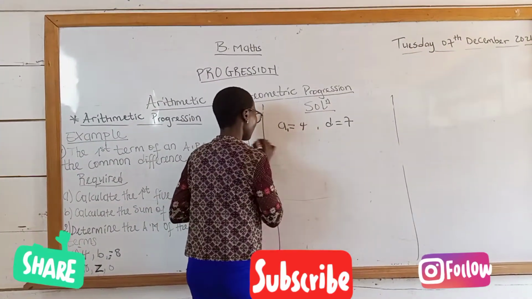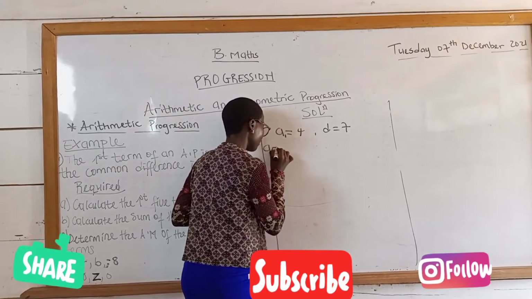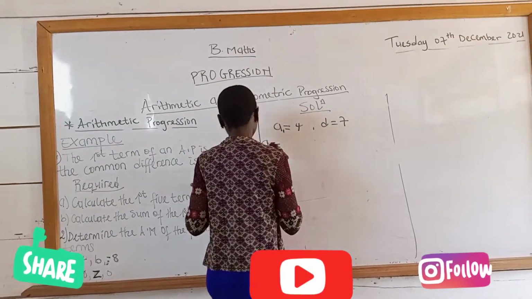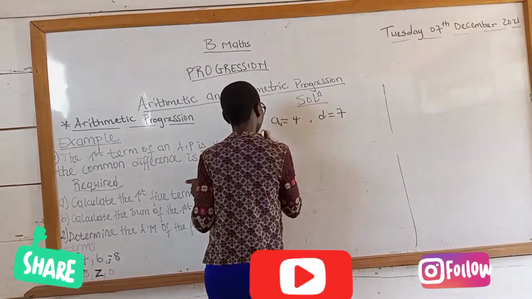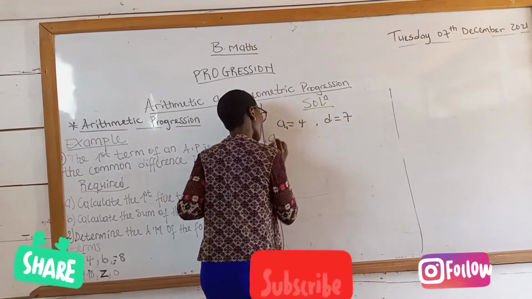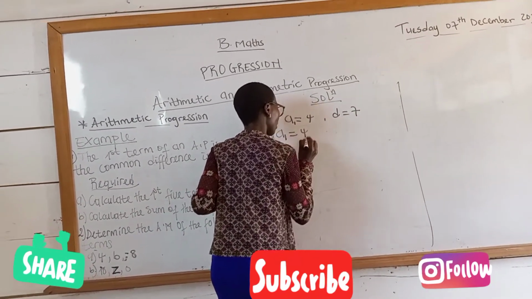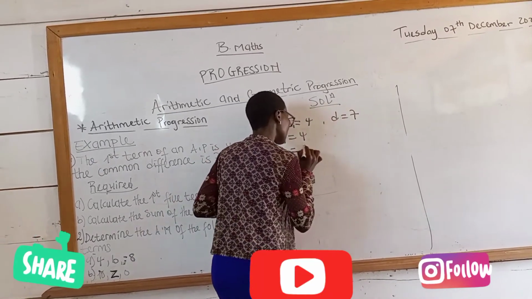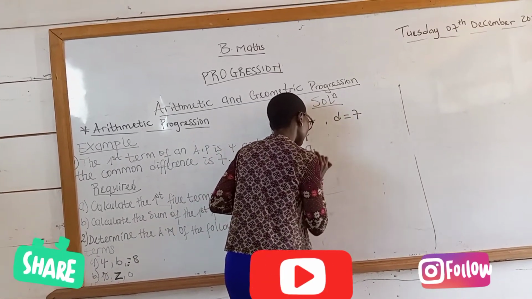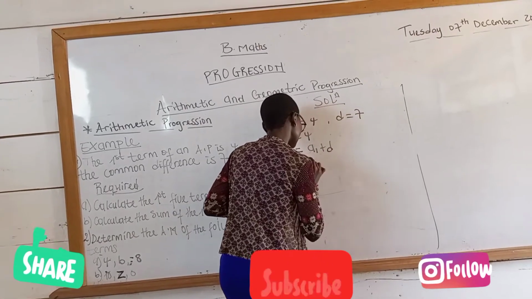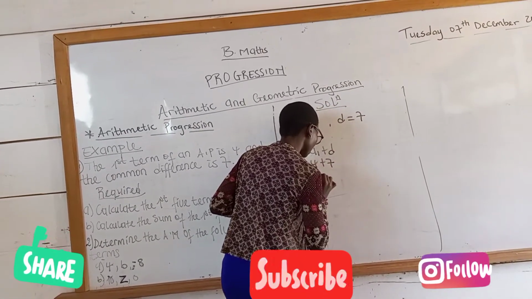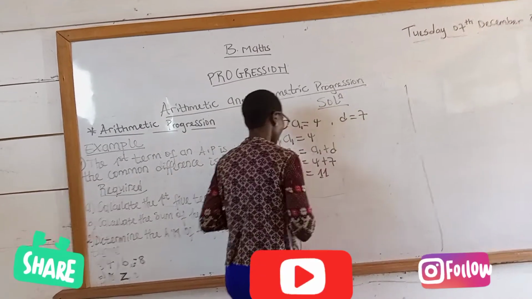For us to calculate the first 5 terms, that means we need to start from A1, which is 4. We calculate A2, which is A1 plus the common difference, and it is 4 plus 7, which equals 11.